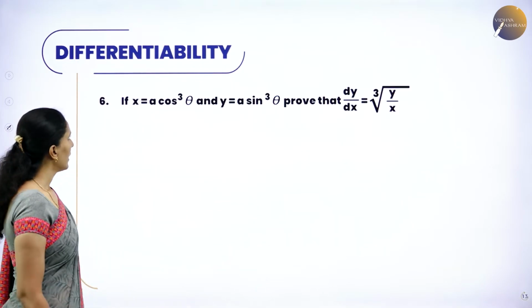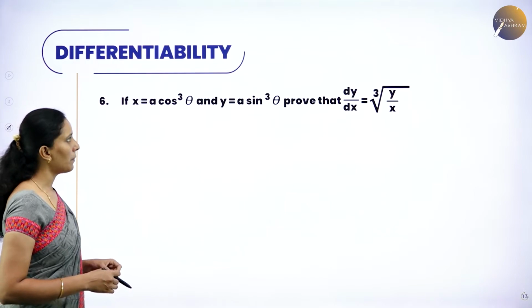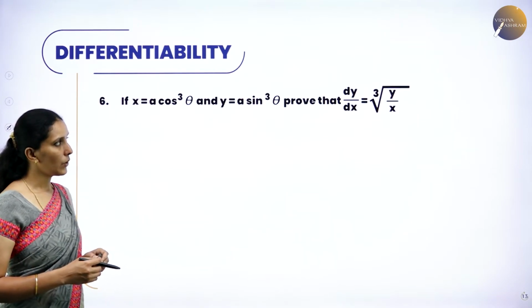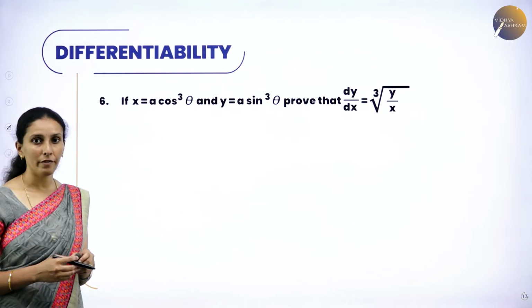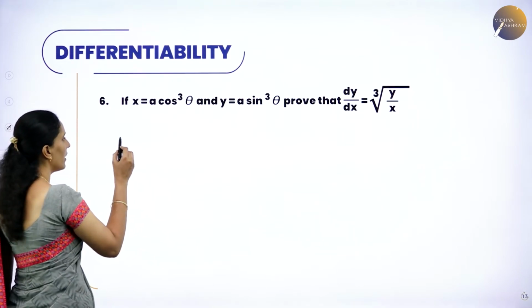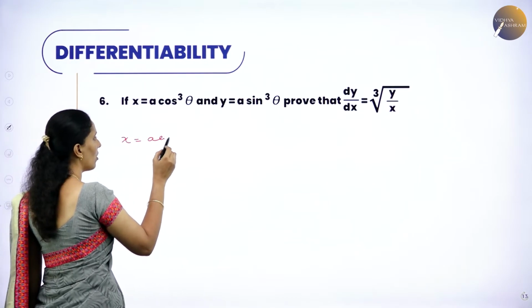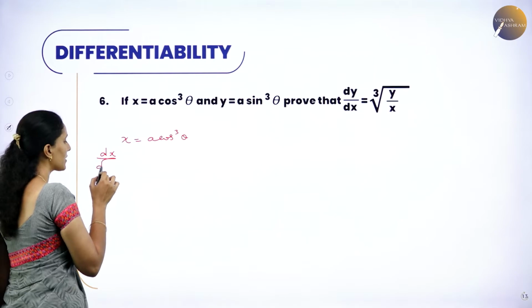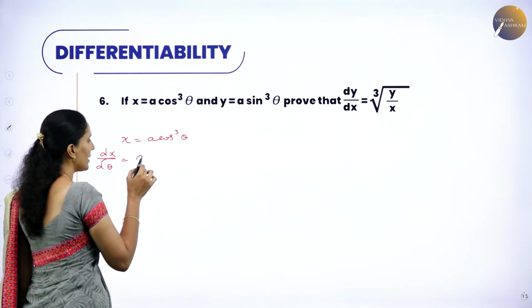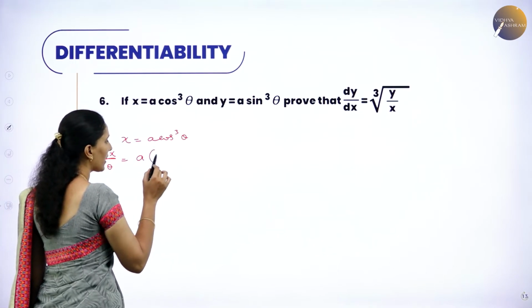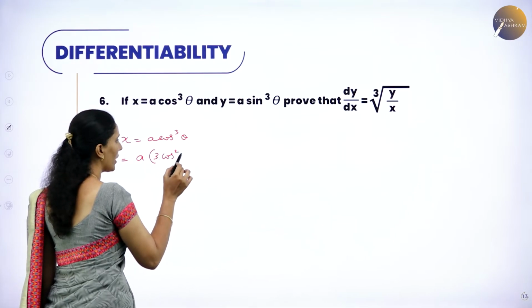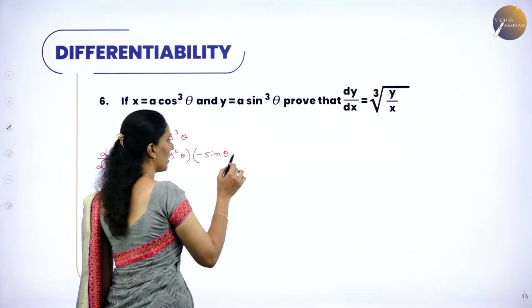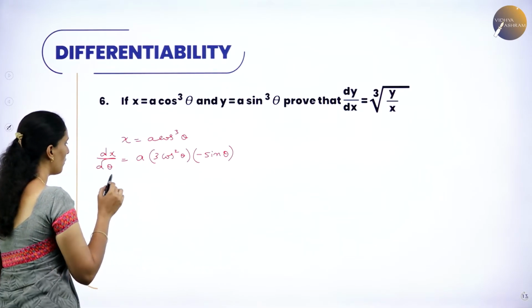Next we have, if x is equal to a cos cube theta and y is equal to a sin cube theta, prove that dy by dx is equal to minus cube root of y by x. So here we have x is equal to a cos cube theta. So derive it with respect to theta. dx by d theta is equal to a, a is constant. Cos cube theta can be written as 3 cos square theta, and cos theta can be written as minus sin theta, which is the derivative of cos theta.